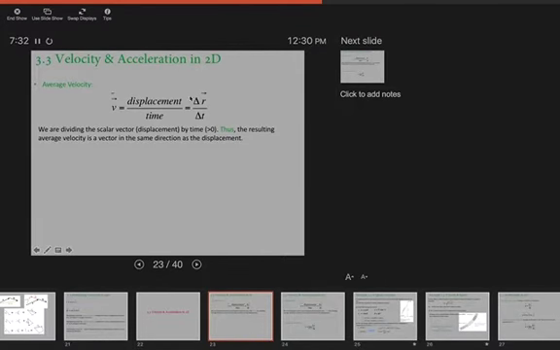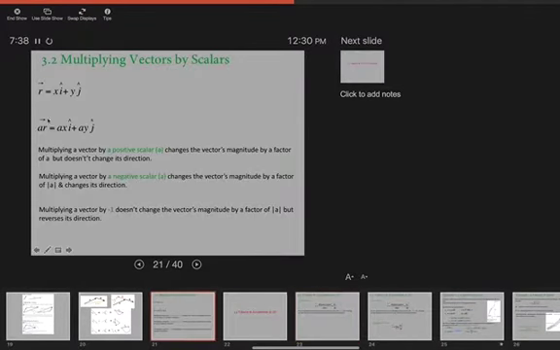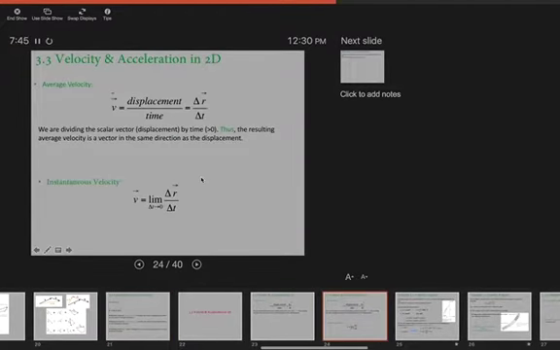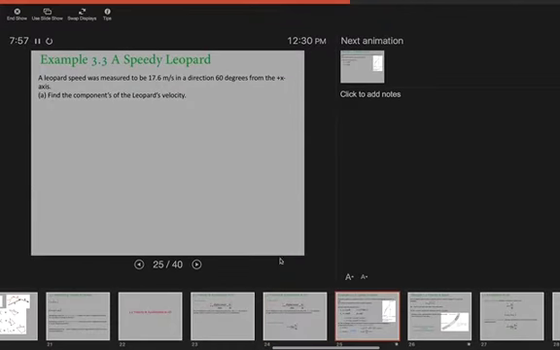This is why instead of writing delta x we write delta r. And what is r? Remember, r is xi vector plus yj vector. So we have two components. This is the only difference. What about the instantaneous velocity? It is similar to what we had in one dimension, but again, instead of delta x over delta t with the limit, we say delta r over delta t.